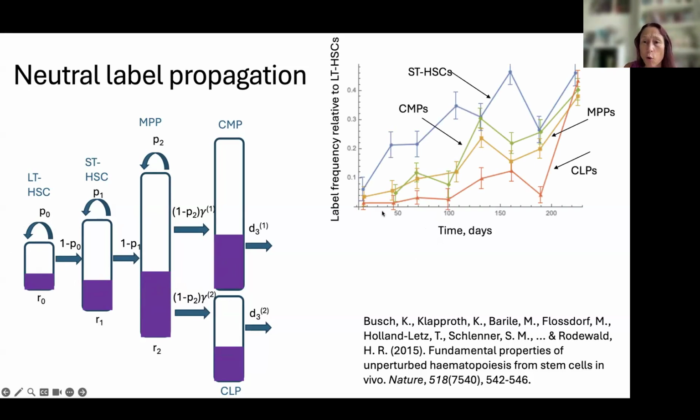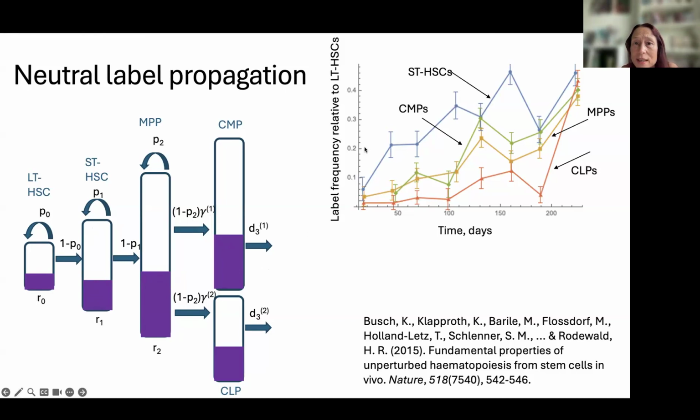So we have 4 different lines here. The 4 lines correspond to these 4 compartments, not the original compartment. They had a line for that too. It's more or less constant. The label is just sitting there, and it's spreading through. And after a while, it reaches a saturation, an equilibrium.